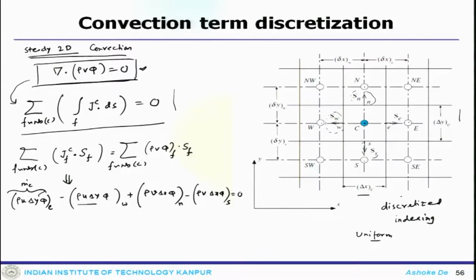So once you expand, this is what you get across those faces: the east face, north face, west face, and south face.